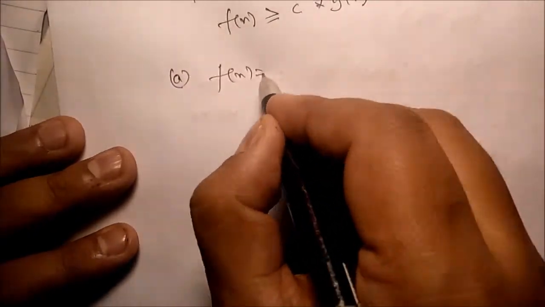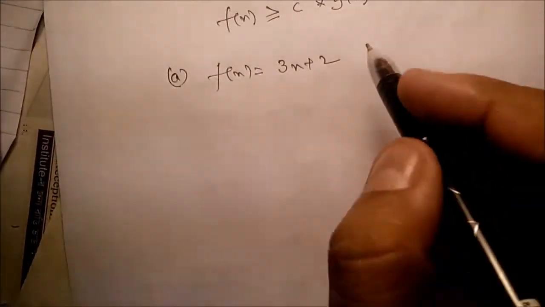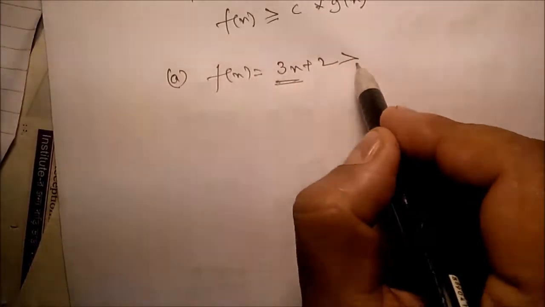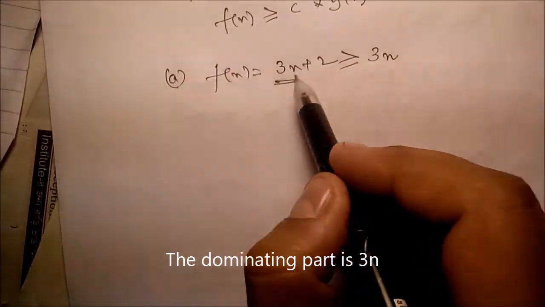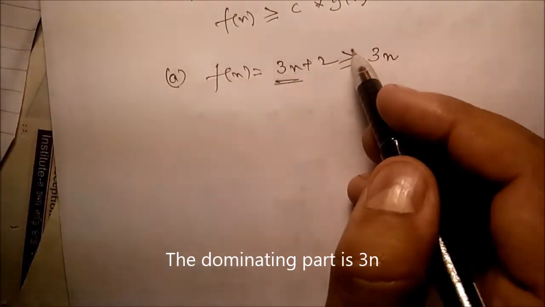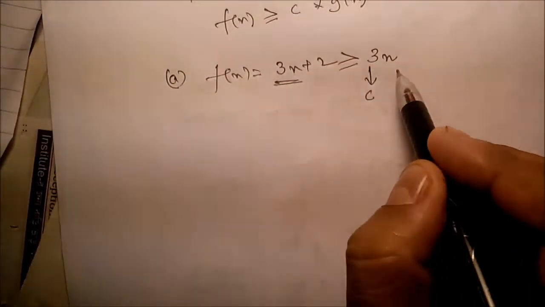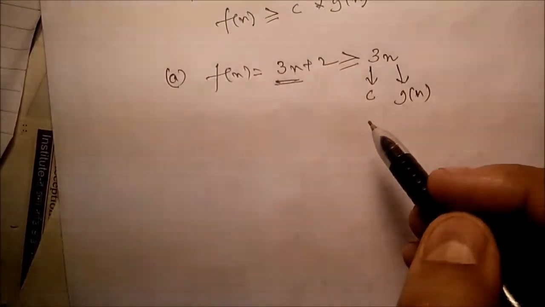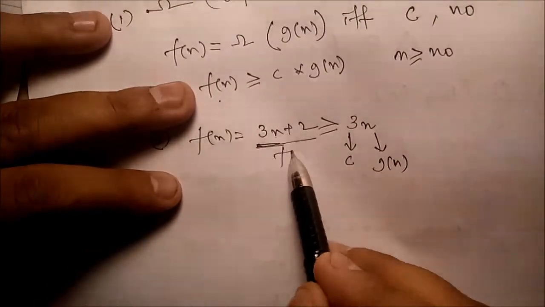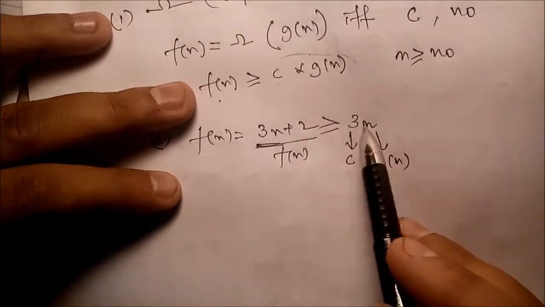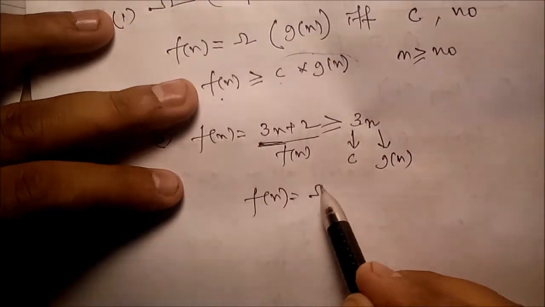For example, suppose the function is 3n + 2. In this case, the main part is the 3n part, so easily you can write 3n. Identify the crucial part and just copy it without incrementing or decrementing anything. Now this is nothing but our C, and this is nothing but our g(n). Comparing with f(n) ≥ C·g(n), we can write f(n) = Ω(g(n)).